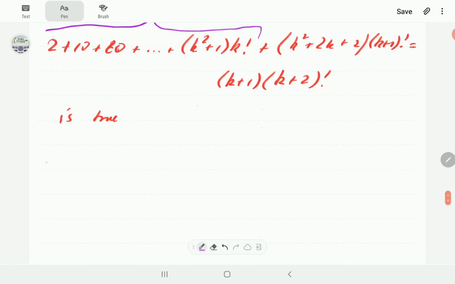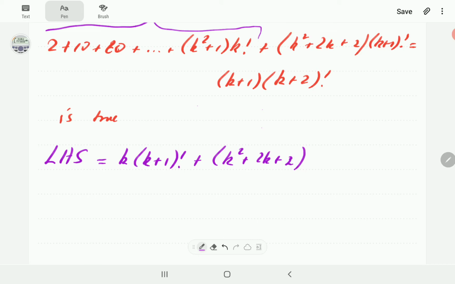So therefore the left hand side is going to be k into k plus 1 factorial plus k squared plus 2k plus 2 times k plus 1 factorial.